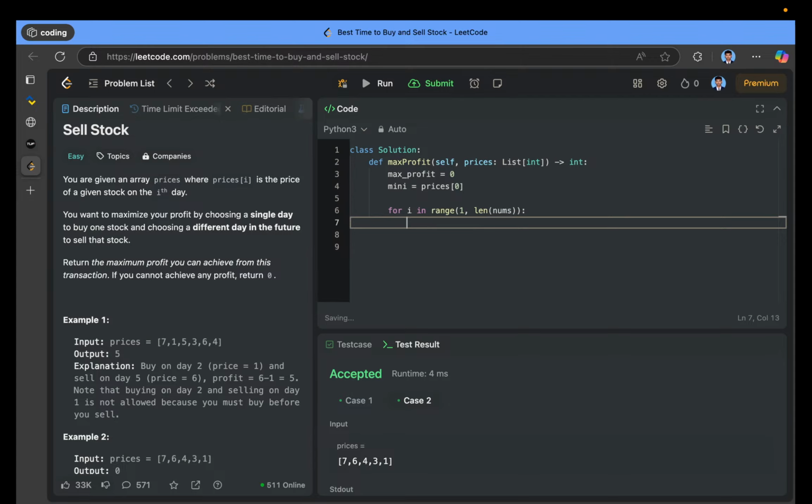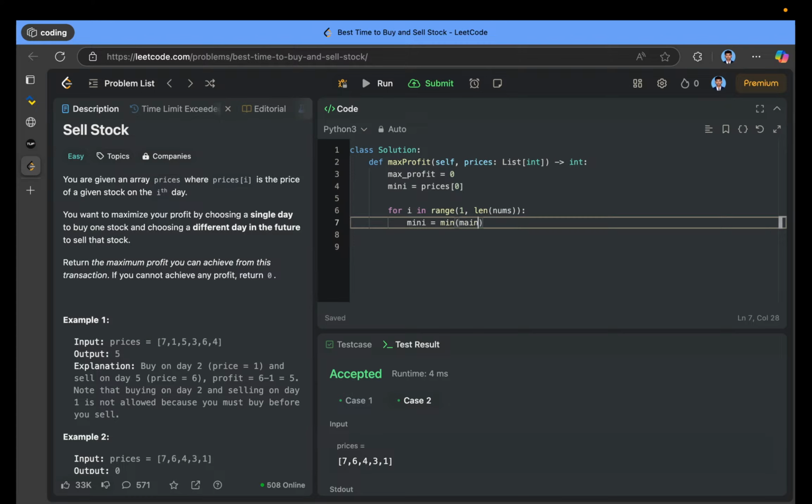Now, what should I do? Range in nums for mini. Okay, let's go with if nums i is less than mini, I can do this, I think.